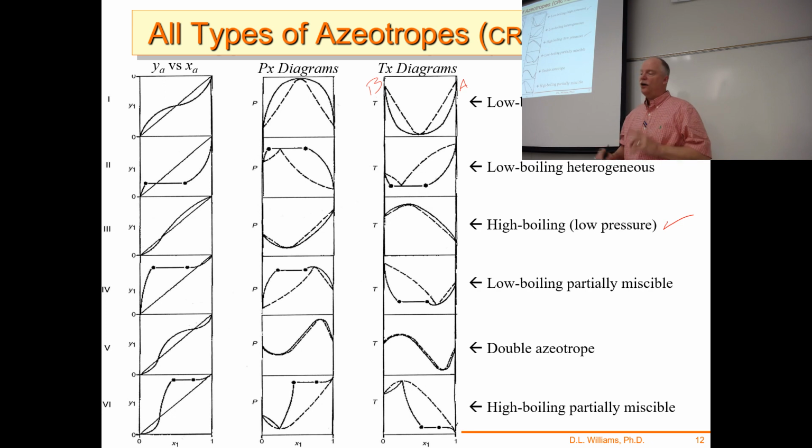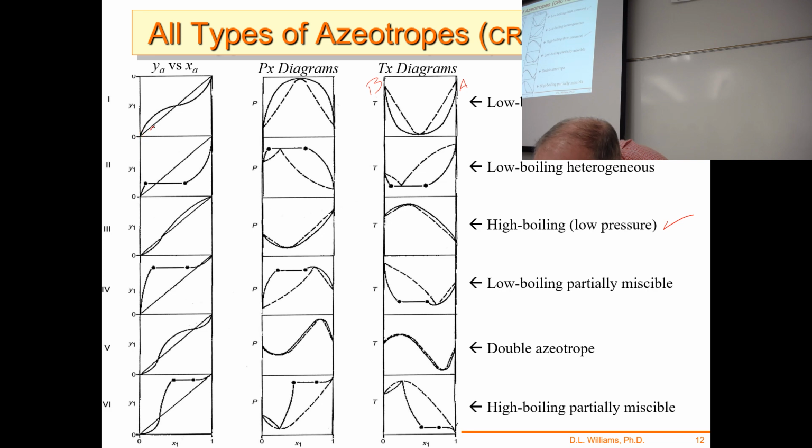Now, this diagram far to the left is a really useful one. It's YA versus XA, so it's the mole fraction concentration in the gas plotted versus the mole fraction composition in the liquid. Starting over on the left, here is YA and XA equals 0.